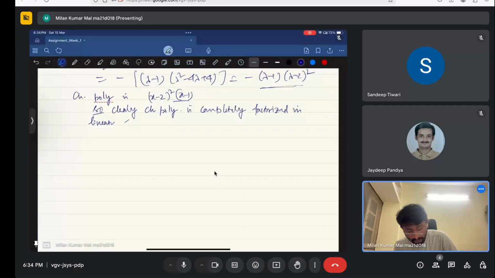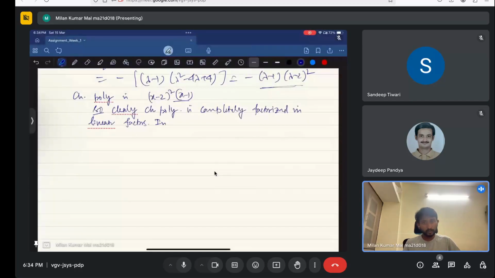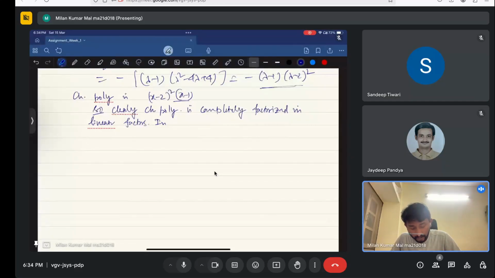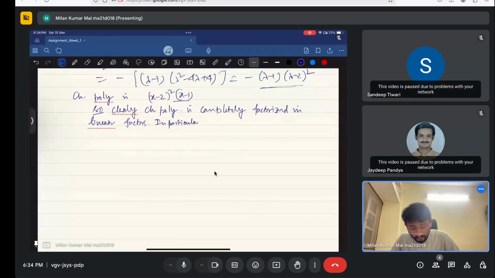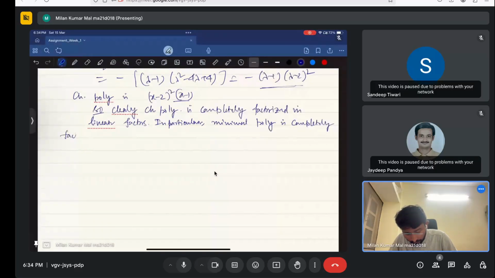Therefore, in particular, as the characteristic polynomial is completely factorized in linear factors, the minimal polynomial will also be completely factorized in linear factors, because the minimal polynomial is something coming from the characteristic polynomial. In particular, the minimal polynomial is completely factorized in linear factors.